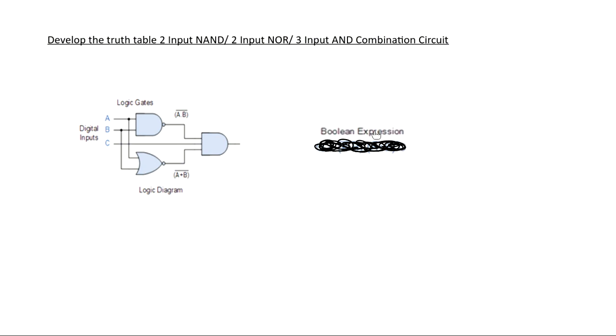Similarly, in the digital world, it is called Boolean algebra, and it is represented the same as normal algebra. We have functions and expressions. So the logic function of this circuit will be called a Boolean expression.